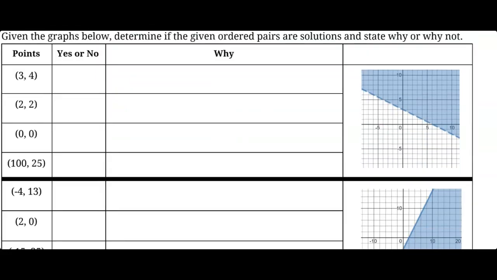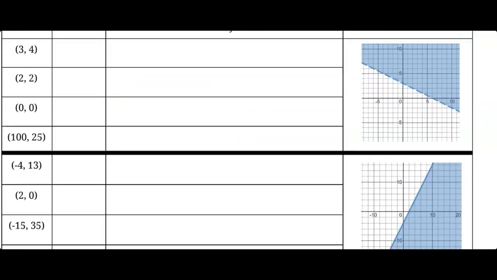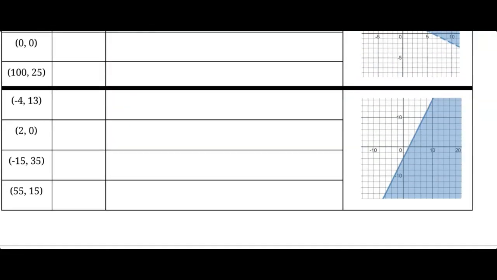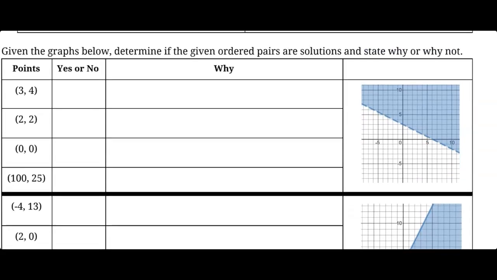The last piece is being given a graph and being able to determine whether or not a point is a solution. So let's start with this one. So all you're going to do is plot my point. So I'd go 3, 4, 1, 2, 3, 1, 2, 3, 4, and say, is it in this solid area or on a solid line? It is, so I would say yes. And my reason why would be the point is in the shaded region.